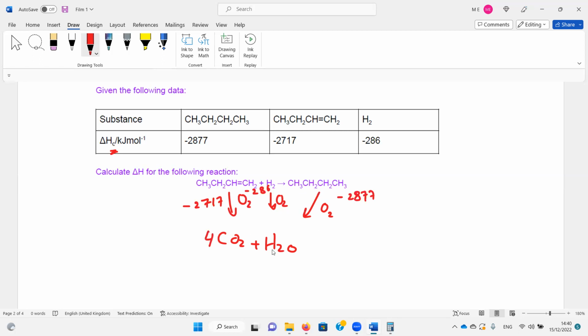You have 10 hydrogens, and here 2, so you need to put 5 in here. And in relation to the oxygen, here you have 4 times 2, that is 8, and 5, that's 13. So that is 13 over 2 here, or 6.5 if you like.